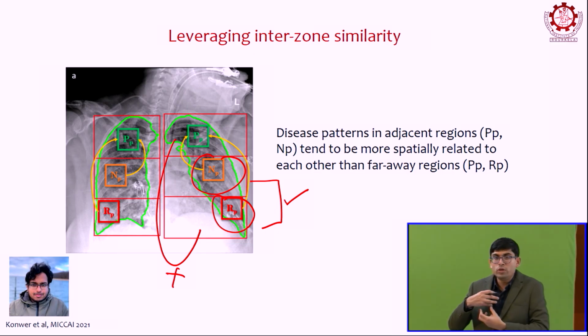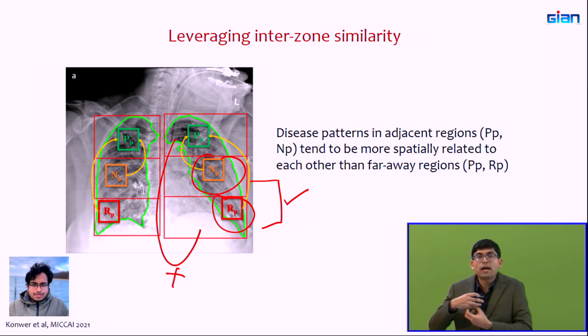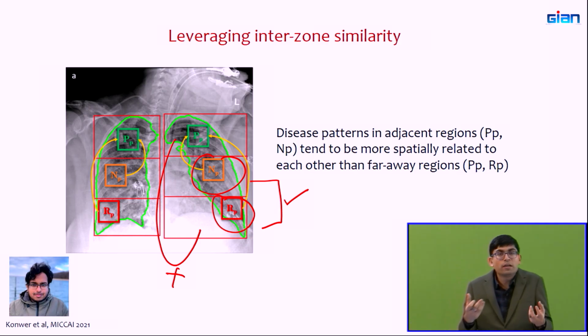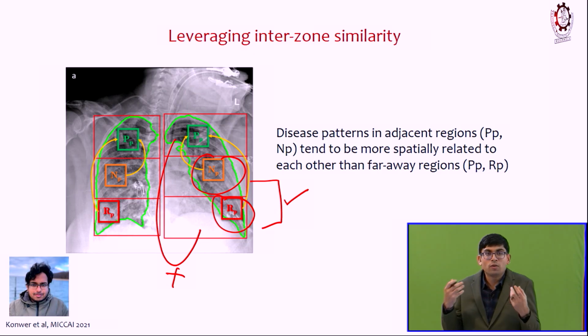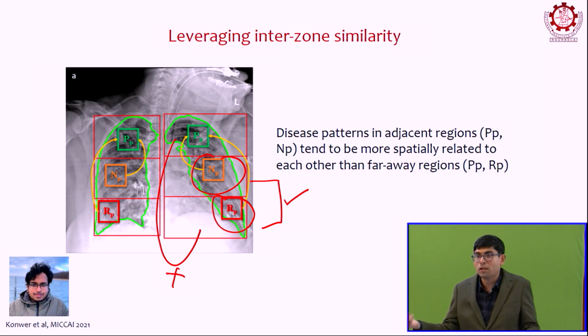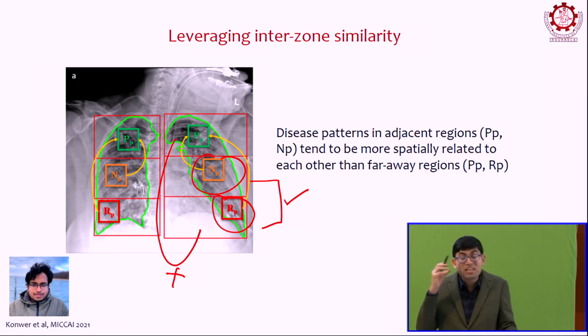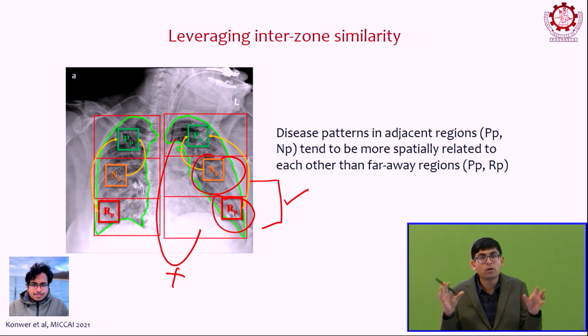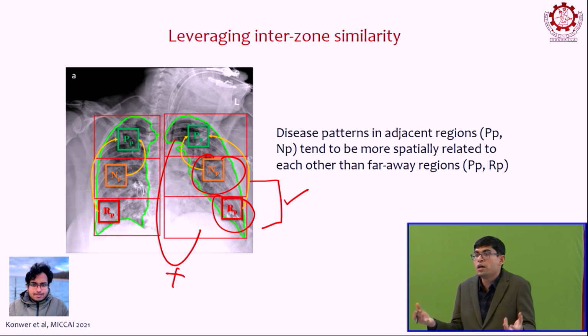Zones that are close to each other will have more similarity as opposed to zones which are further away from each other, simply because of the way the disease progresses. When I tell you this, it sounds very simple, but just to get this information from clinicians, just to appreciate that this can be a very powerful prior for your machine learning models, wasn't simple. It was almost a eureka moment that this is something interesting that we can leverage in our models. And there's an important lesson here.